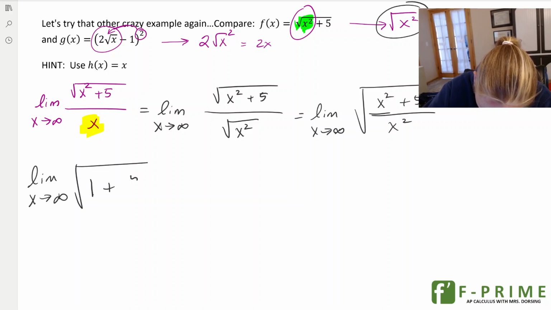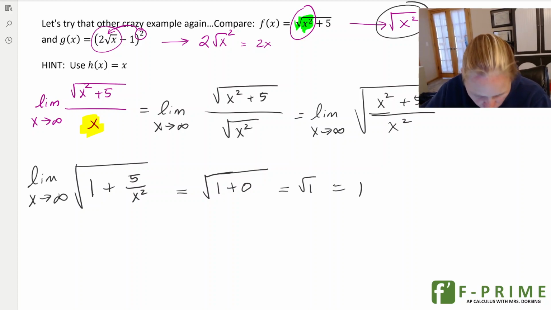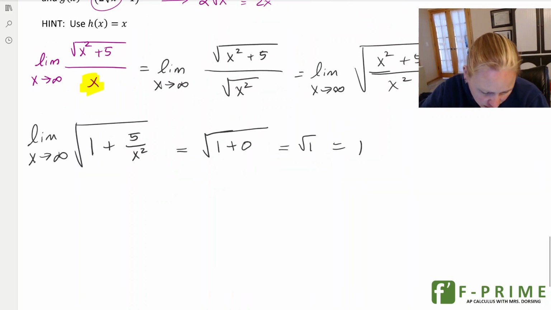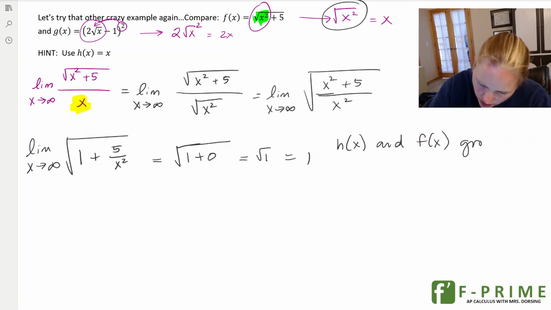I'm going to get 1 plus 5 over x squared, which then turns into the square root of 1 plus 0, or the square root of 1, which is 1. Oh, so these two functions do grow at the same rate. They're end behavior models, so we would expect this. So h of x and f of x grow at the same rate.